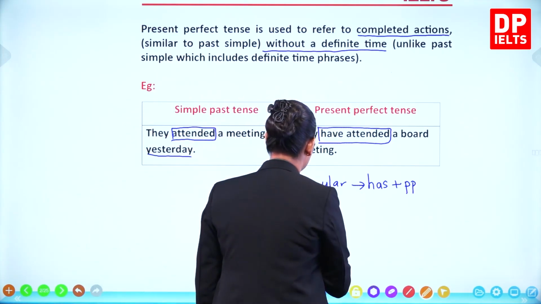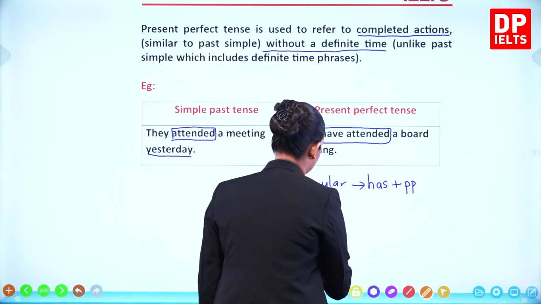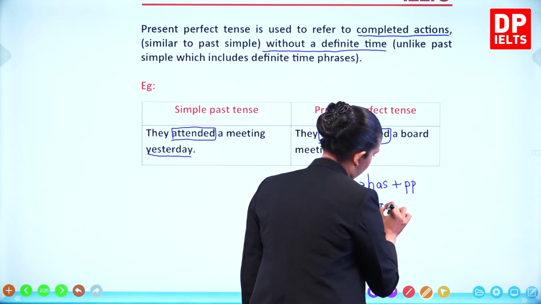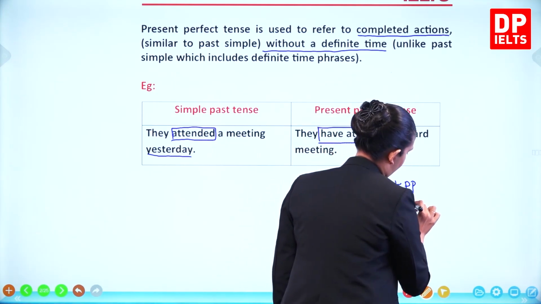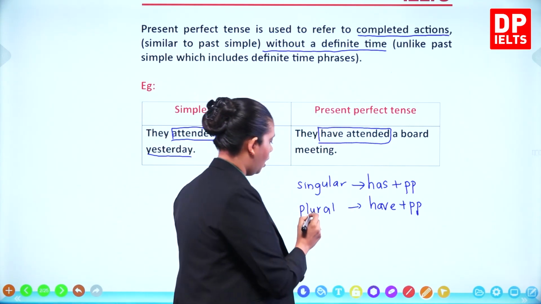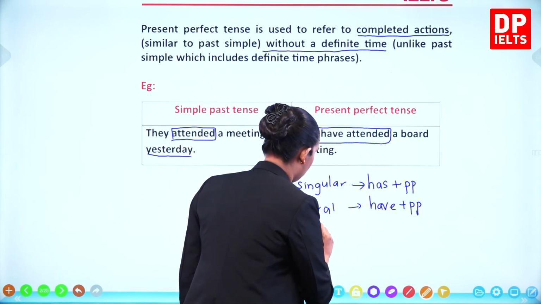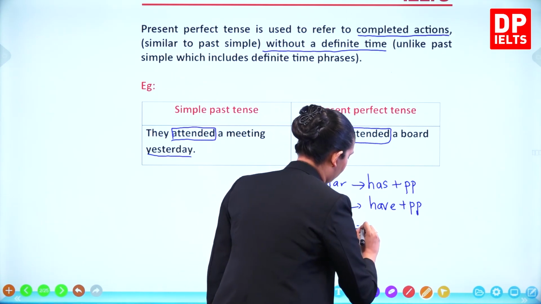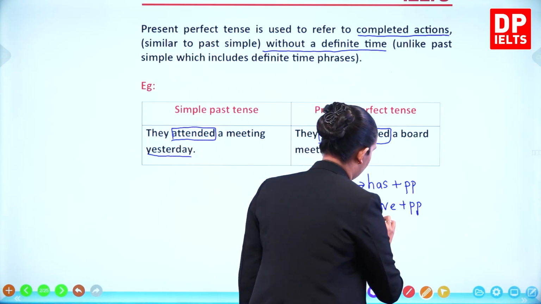If it is plural, it is have plus the PP. But remember, even though I and you are singular, they act like plural. So, I have, you have.